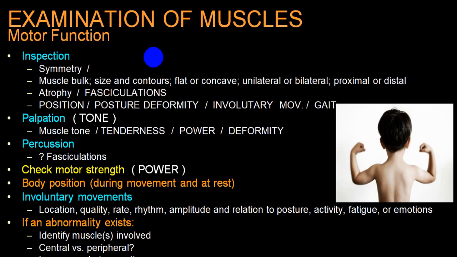And during a static stage also you can see some involuntary movements, particularly tremors. We call them static tremors. And when you ask the person to walk, then we call it examination or inspection of gait. So in inspection, you can look at a good number of things: the muscle bulk, the wasting, and fasciculation.